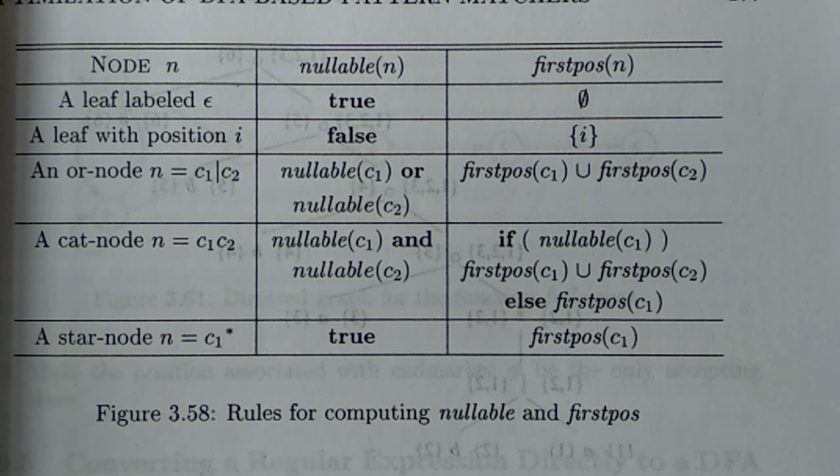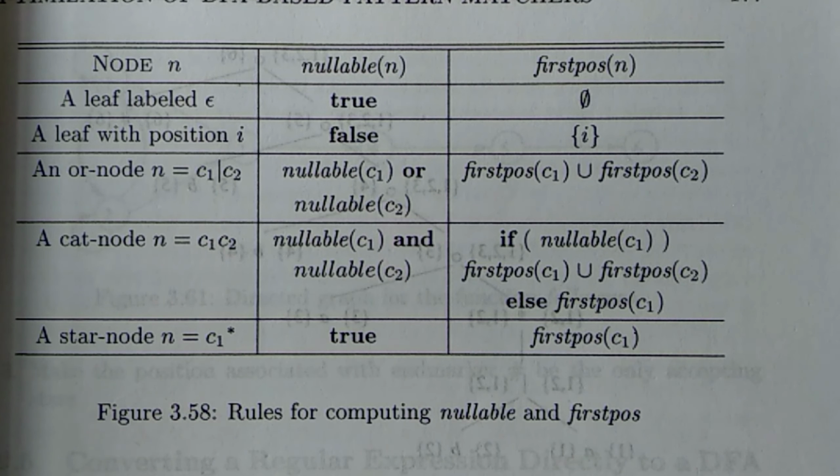First, if n is a cat node with left child C1 and right child C2, then for every position i in last position of C1, all positions in first position of C2 are in follow position of i. Second, if n is a star node and i is a position in last position of n, then all positions in first position of n are in follow position of i.